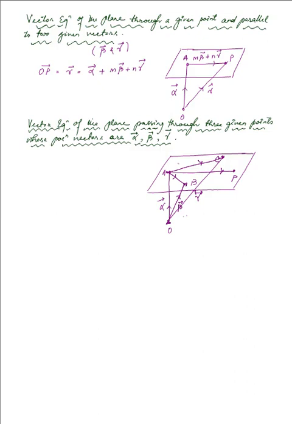Now AC, we'll have that value because C has the position vector gamma and A has alpha. So this is simply some scalar multiple of gamma minus alpha. And also we'll have AB, that is beta minus alpha.